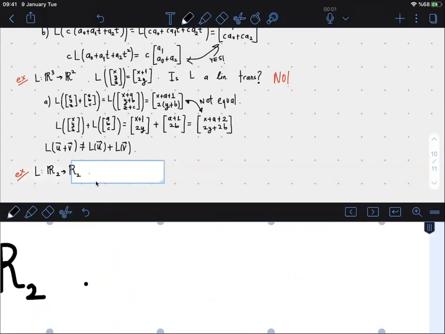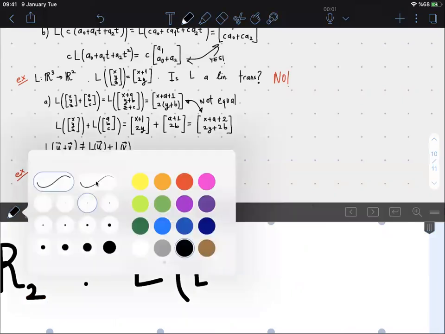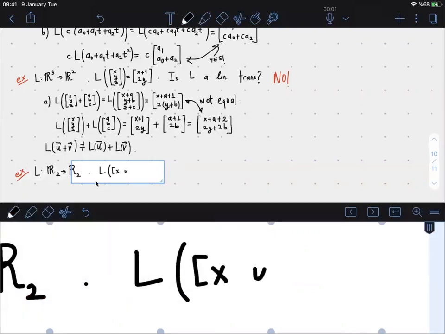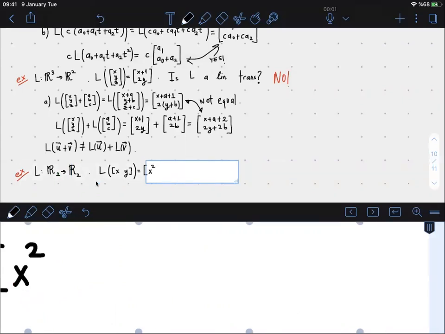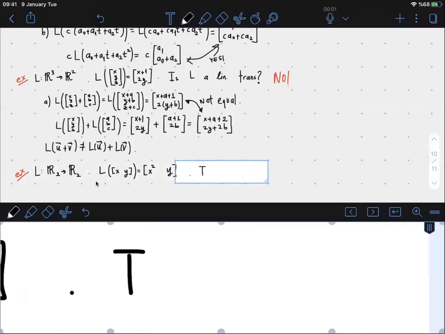So let's define L in this way. It takes a row vector, let's call this x and y, and it sends it to x squared, and let's call this y. So the question is the same. Is L a linear transformation?